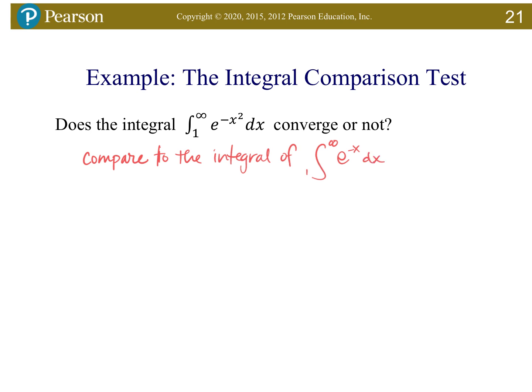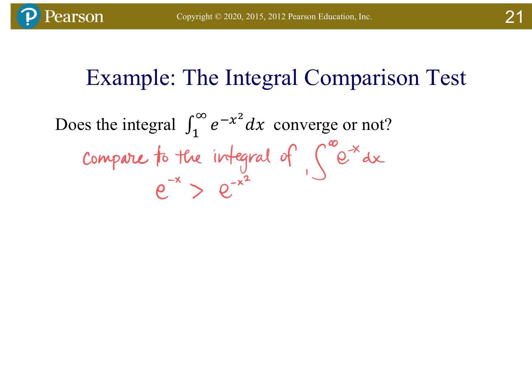Do the one that is easier to integrate. So we start with the assumption about the relationship in terms of inequalities between e to the negative x and e to the negative x squared. Which one did we say was the bigger one again? Which direction should the inequality go? Okay, this one is bigger, so start with that.